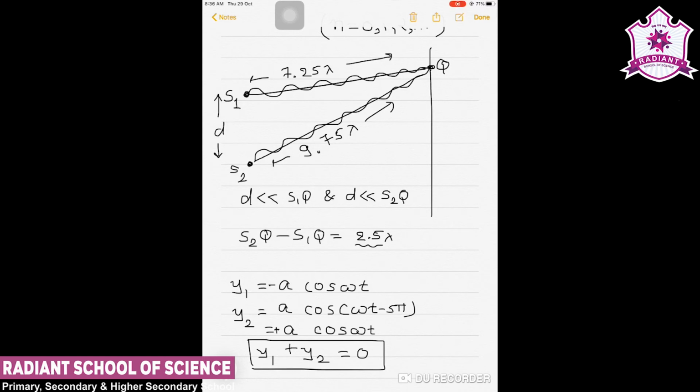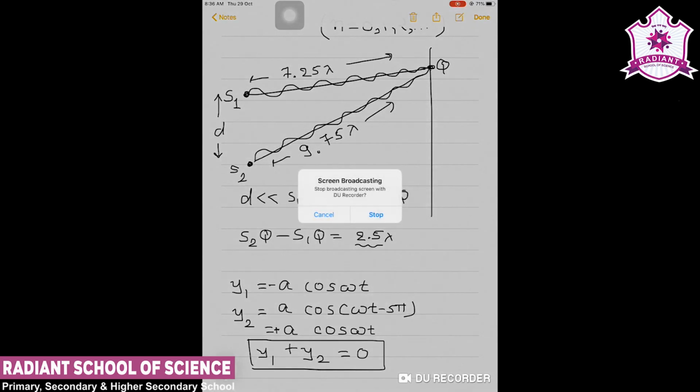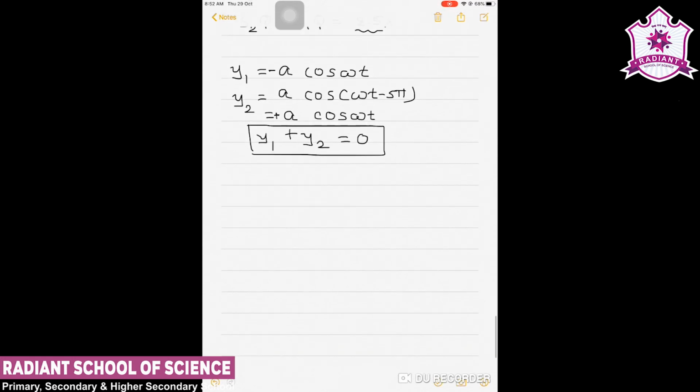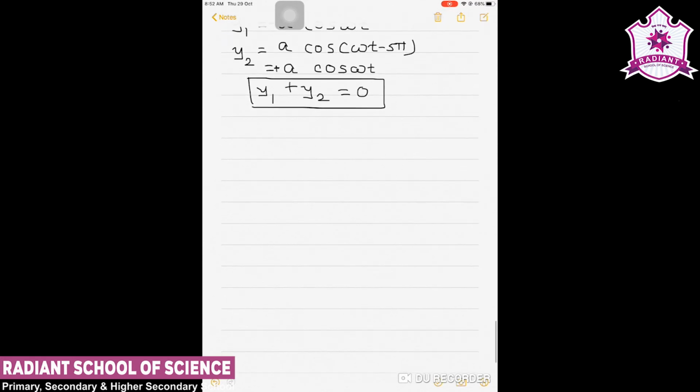Here we can understand the condition in terms of intensity, but now for non-coherent sources. As we stated earlier, if two sources are coherent, then they produce some effect. Now the condition for non-coherent sources.